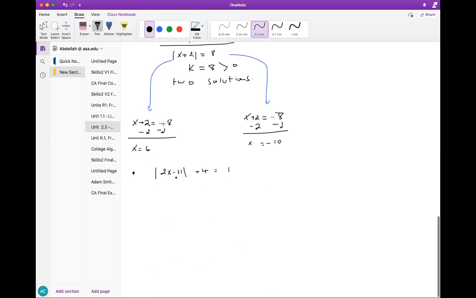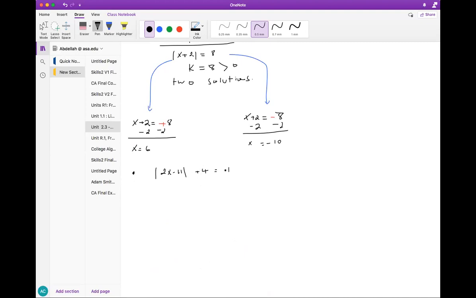So what do you think we need to do here in order to write this in standard form? Basically, we want to isolate this. We want to get the absolute value by itself. What needs to be canceled? The 4.